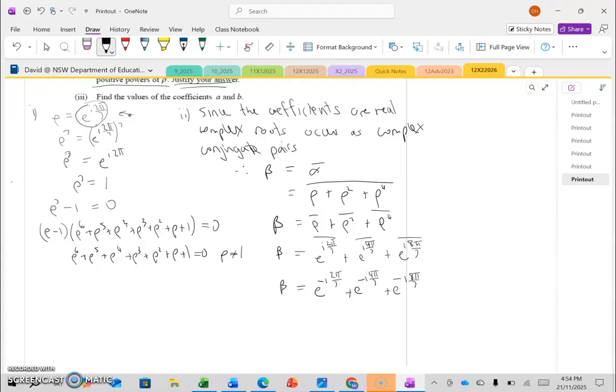Now to put this back in terms of rho, I might just go around the unit circle. So I'll add 2 pi to each of these, which is adding 14 pi on 7. So that's going to be 12 pi on 7, adding 14 pi on 7 because we're adding 2 pi, 10 pi on 7, adding 2 pi. Adding 14 to negative 8, we've got 6 pi on 7.